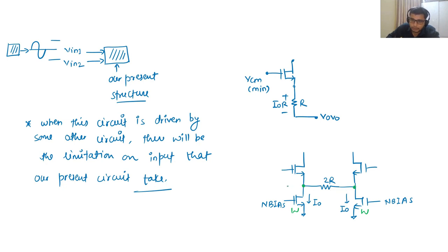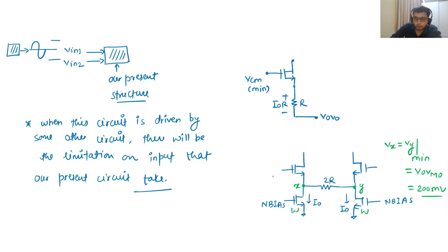Let's say this node is X and this is Y. As we can see, the circuit is symmetric, so Vx equals Vy, and the minimum of these is equal to the overdrive voltage of the transistor M naught, which is nothing but 200 millivolt.